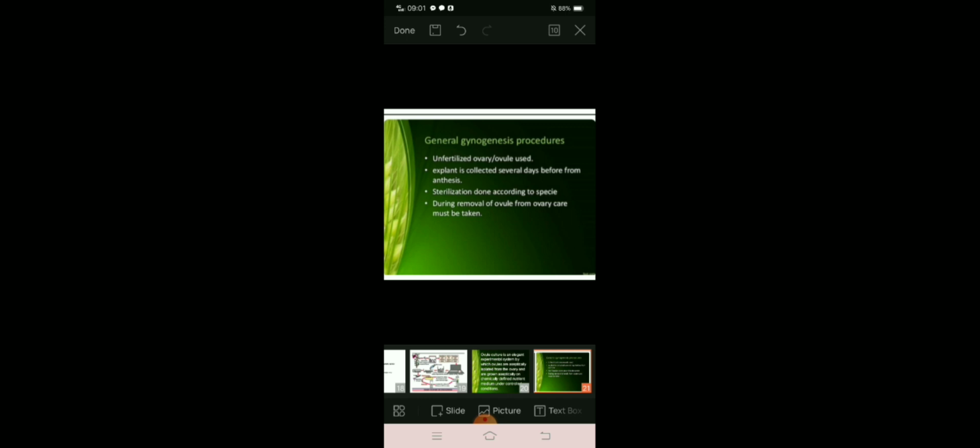the explant is collected several days before anthesis. Sterilization is done according to species. During removal of the ovule from the ovary, care must be taken.